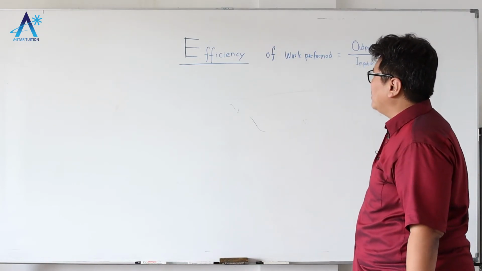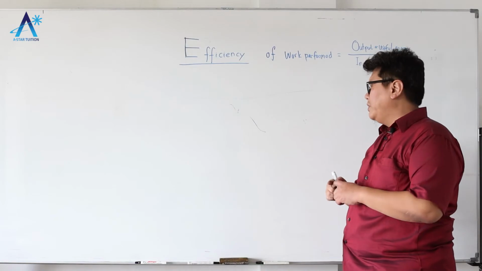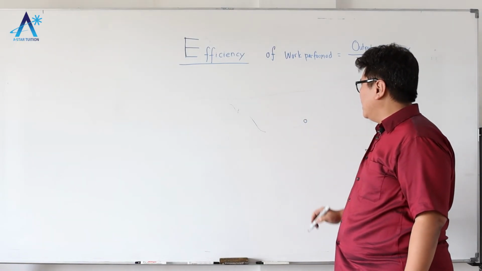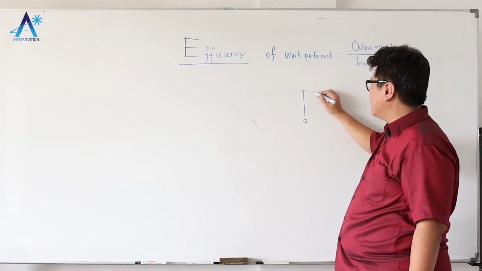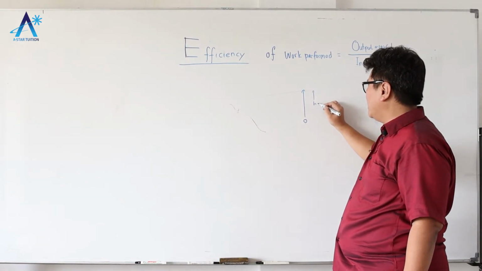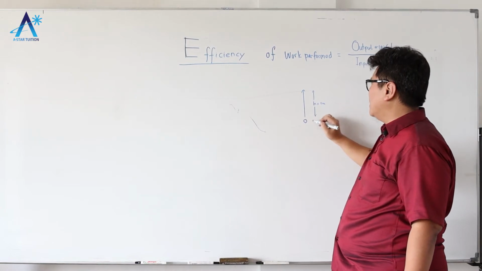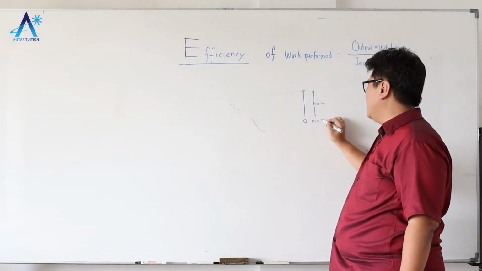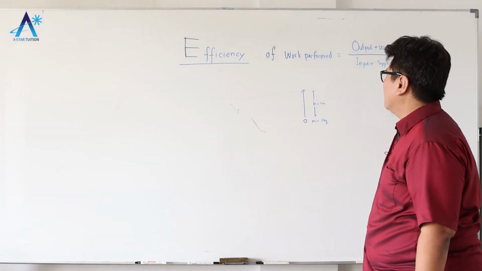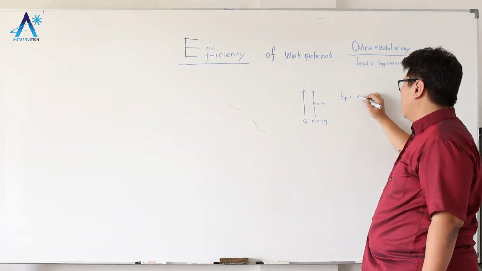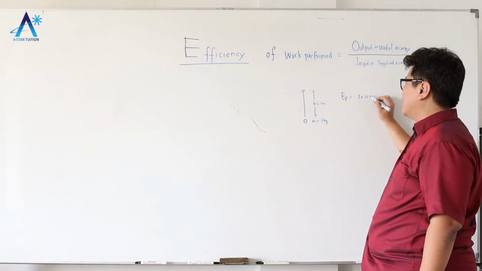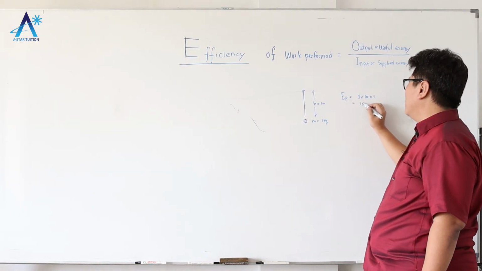For instance, let's say you raise an object by a certain height h, and h is 1 meter. Let's say the mass is equal to 1 kg. Then you can see that the potential energy increase is equal to 1 times 10, g is 10, so 10 joule.